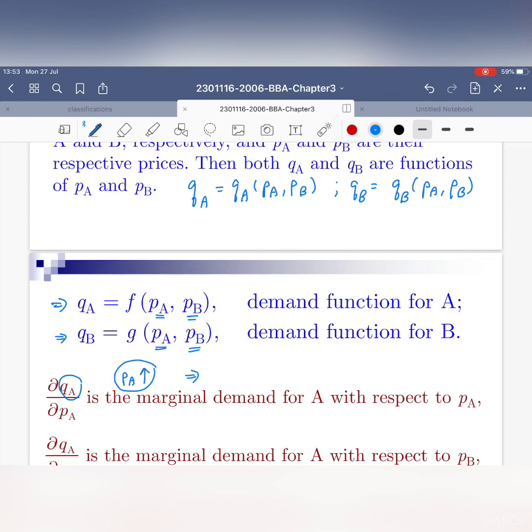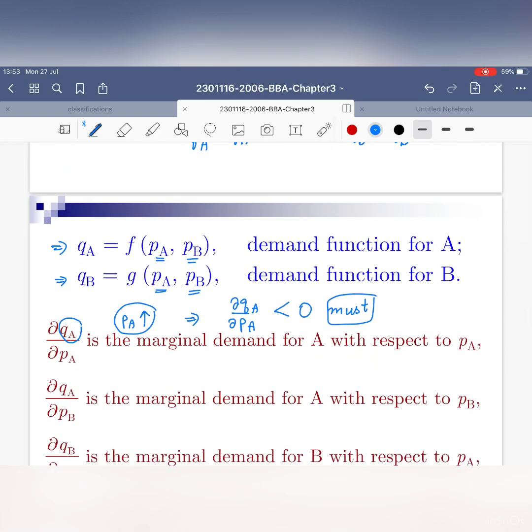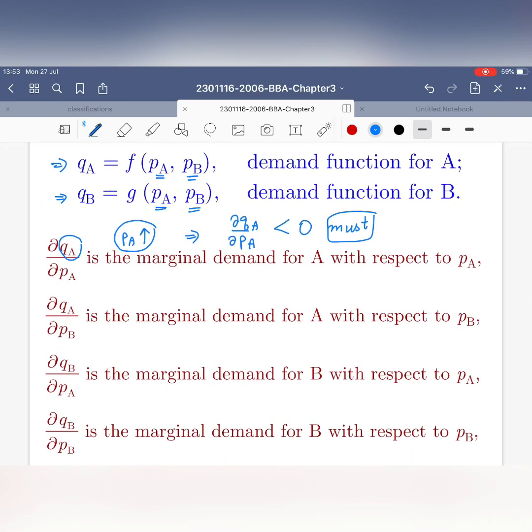So it means that your dQA, the rate of change of the demand when your price is going up, must be negative. This is a must, always like that, because if A is more expensive, why bother buying it, right? So the demand will decrease immediately.